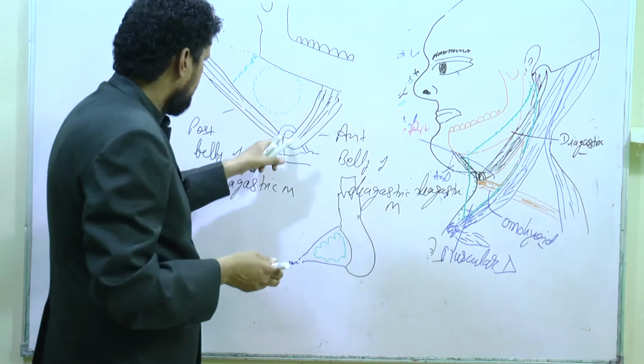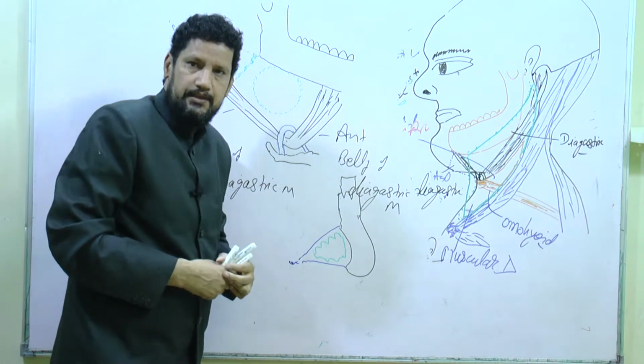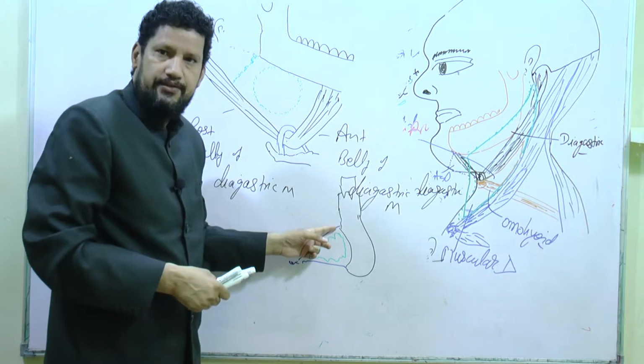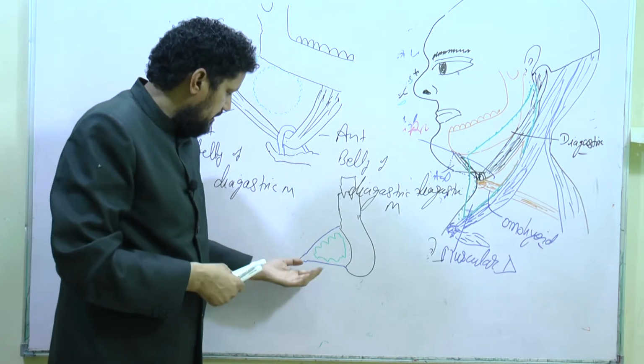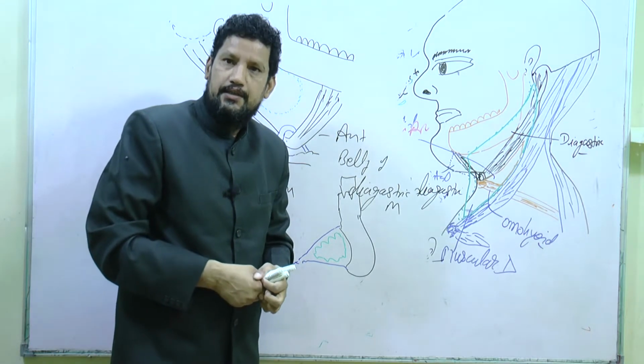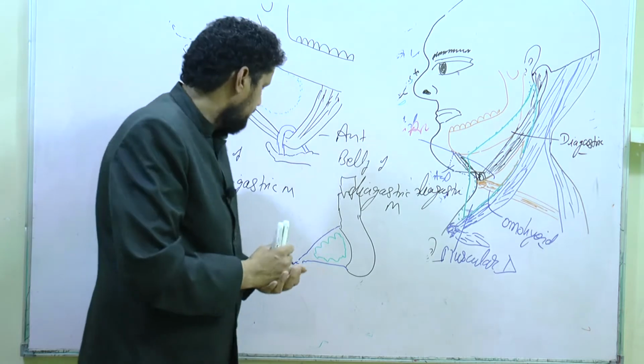The deep lamina is covering the medial surface and attached on the mylohyoid line. The superficial lamina is covering the inferior surface and attached on the inferior border or base of the mandible.